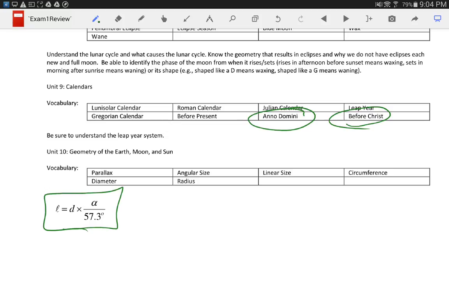And so we could take something like the moon, and if we know the distance the moon is away from us, and if we have its linear size, we can relate those and find the angle it takes up in the sky.